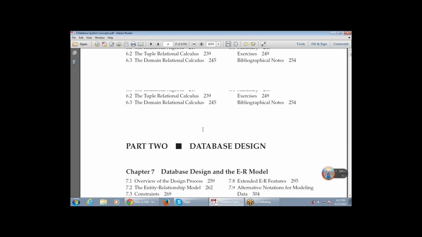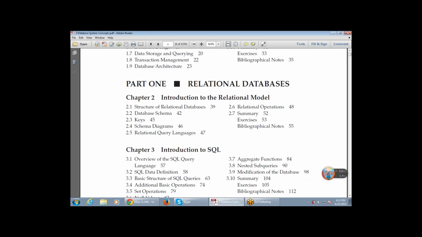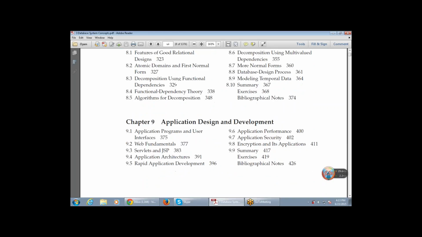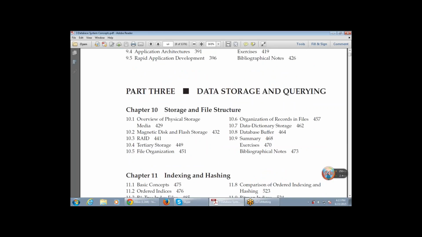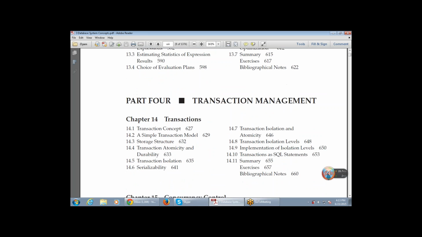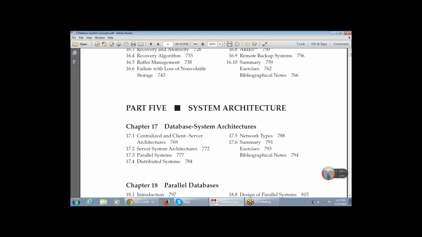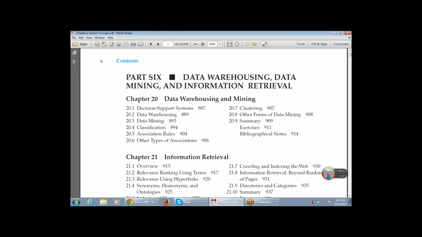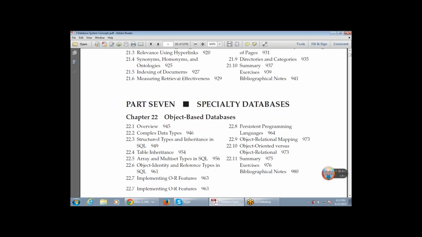Then Part 2 is database design, with multiple chapters. Part 3 is data storage and querying. Part 4 is transaction management. Part 5 is system architecture. Part 6 is data warehousing, data mining, and information retrieval, with multiple chapters.